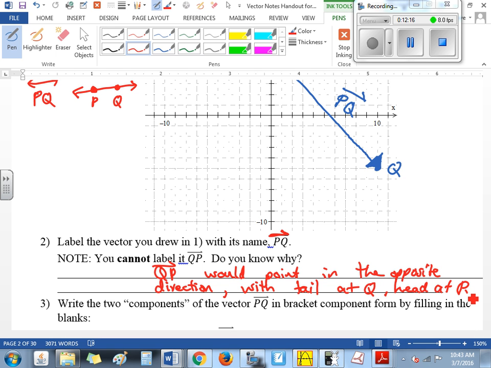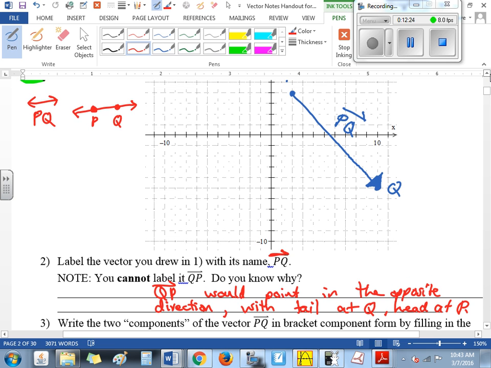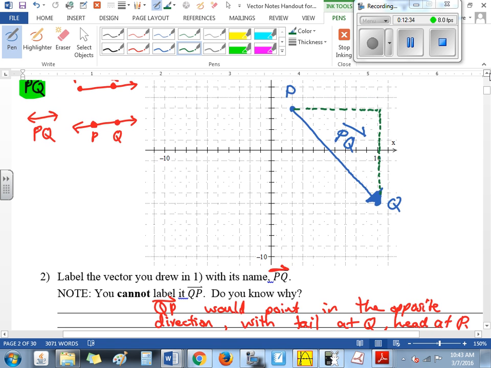Okay, it says to write the 2 components of the vector. So I'll just help you fill that in. So the 2 components of the vector is talking about, imagine trying to travel from point P to point Q using just rectilinear motion. So just rights, lefts, ups, downs.